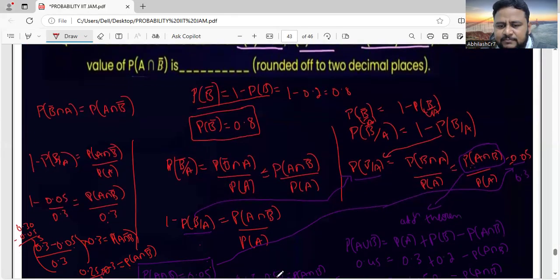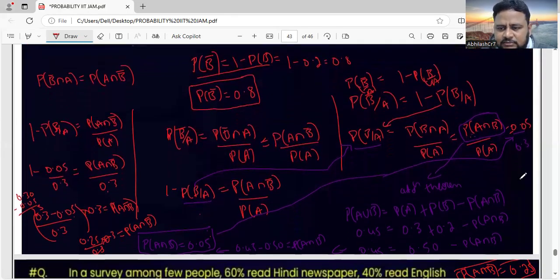Here, A union B is given: probability of A plus probability of B minus probability of A intersection B. They are telling you that you have to use the addition theorem, that is why they have given A union B.